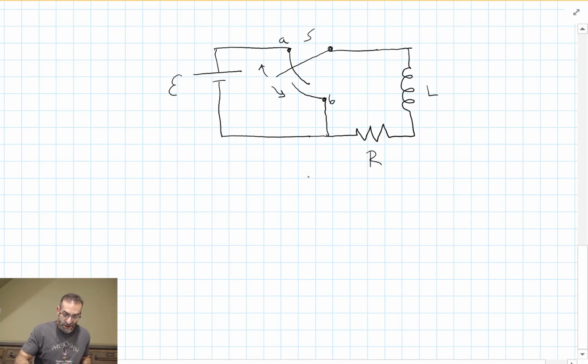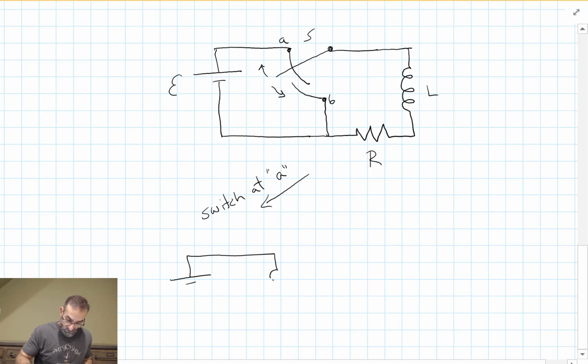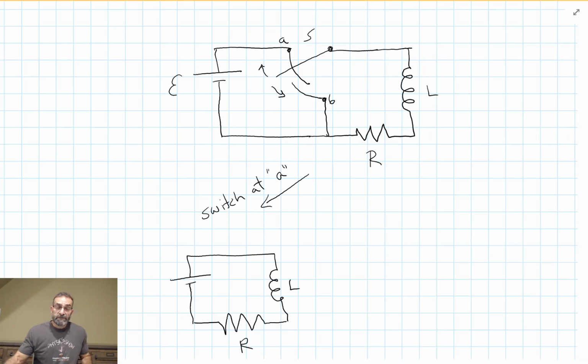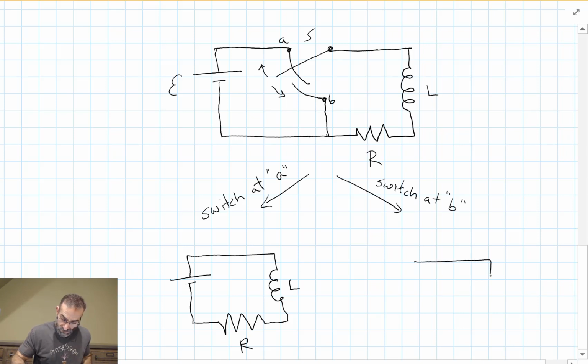So let's take a closer look at this. When the switch is at position A, the circuit looks something like this. And when the switch is turned to B, we've effectively removed the battery from the circuit.